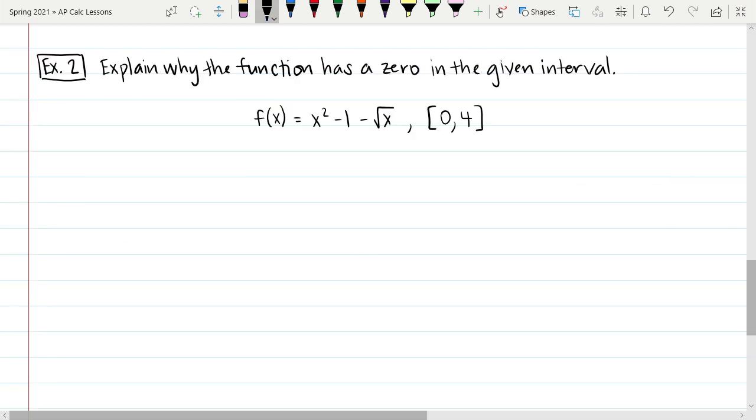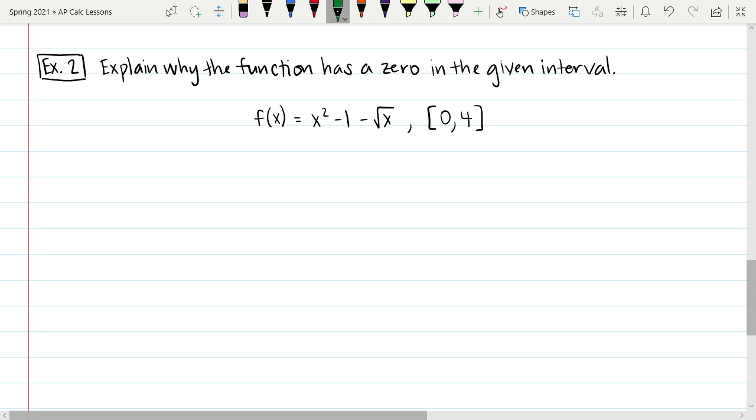Okay, explain why the function has a 0 in the given interval. And the function we're dealing with here is f of x equals x squared minus 1 minus the square root of x. And we're talking about on the closed interval from 0 to 4. So again, notice they're just asking us to explain why the function has a 0, why some 0 exists. Also, if you're not quite remembering, when we talk about the 0 of a function, we're talking about the x value that makes the function's y value equal 0.